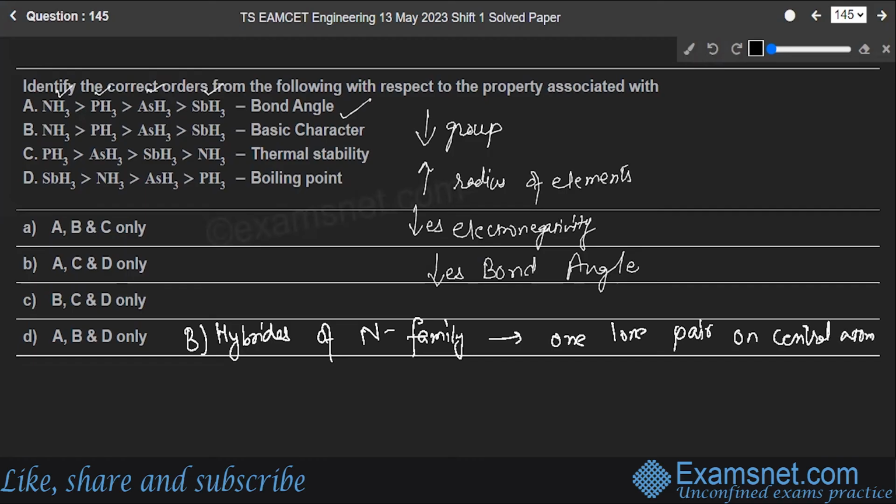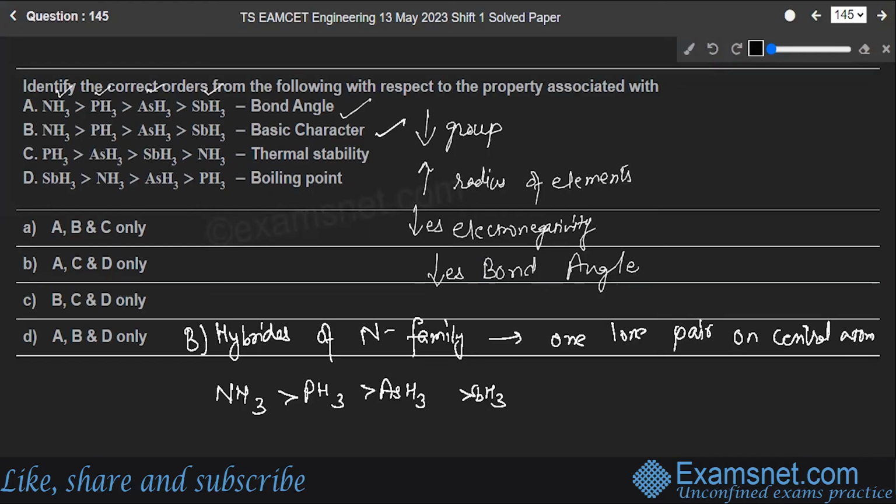As we move down the group, the size of the central atom increases, thereby the orbital becomes more diffused. Hence, the lone pair is less dense over the bigger atoms, therefore decreasing the basicity. That makes this the correct order. So this is also correct.